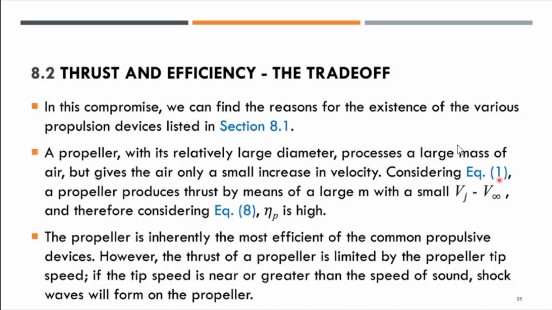Considering equation 1, T equals m dot times the velocity difference, a propeller produces thrust by means of a large mass with a small change in velocity. And therefore, considering equation 8, we will have a high propulsive efficiency. I hope it makes sense.